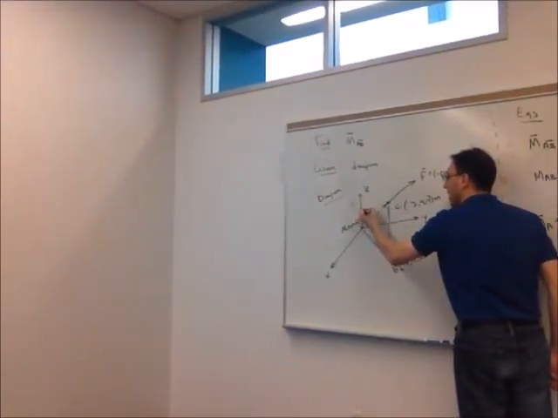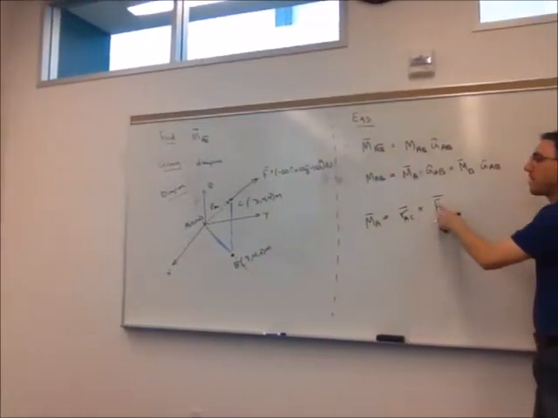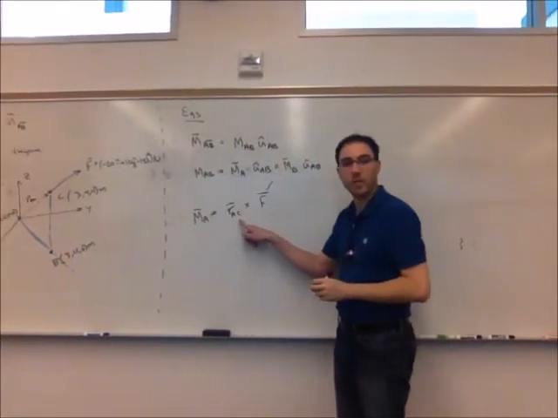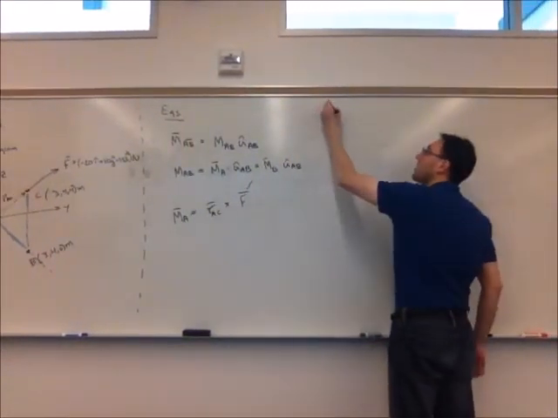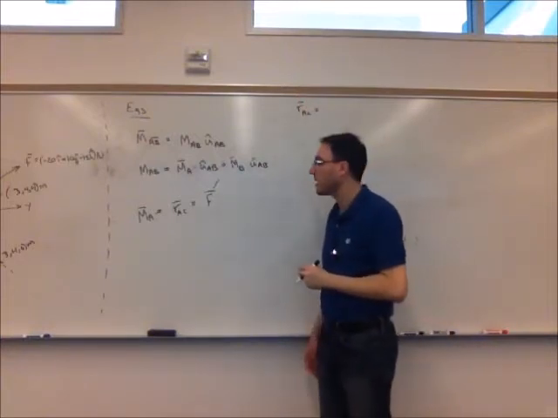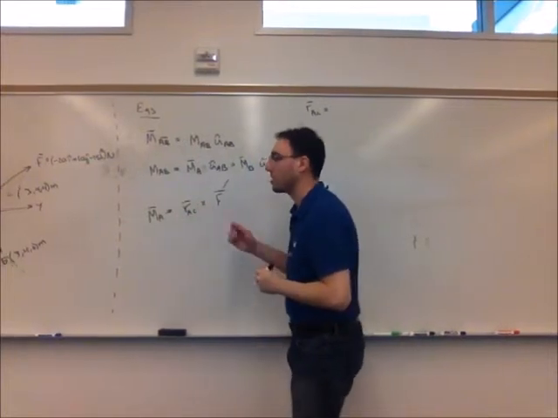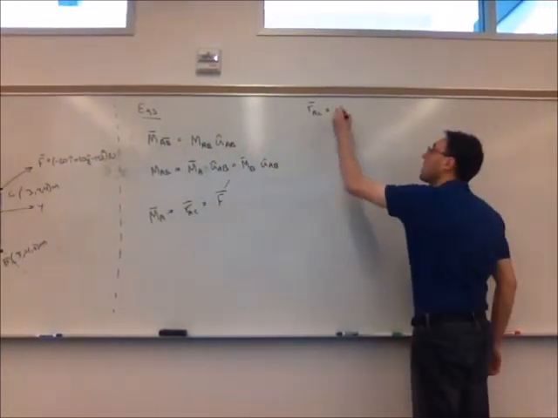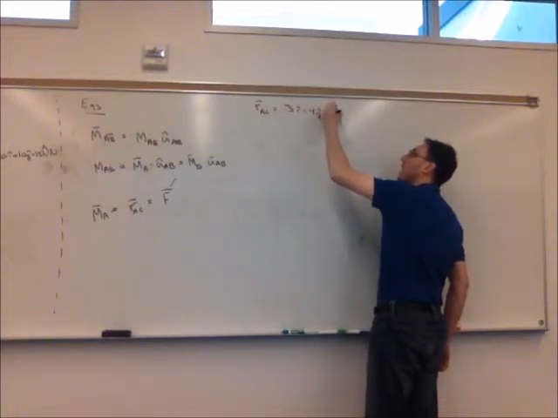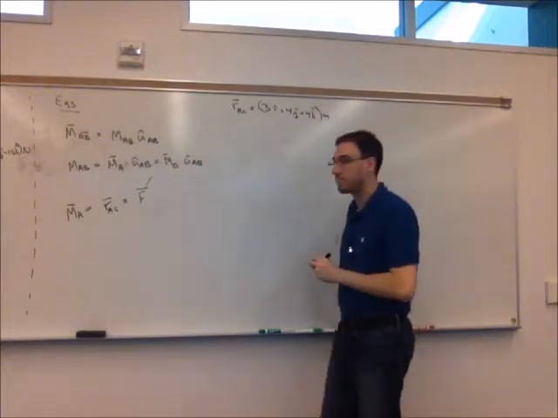So in that case, we need r_AC, cross F. F we already know in component form. r_AC we don't yet know in its component form, so let's solve that. The position vector r_AC is going to be endpoint minus start point. The start point is the origin, and the endpoint is 3, 4, 4. So it's going to be 3i plus 4j plus 4k, measured in meters.